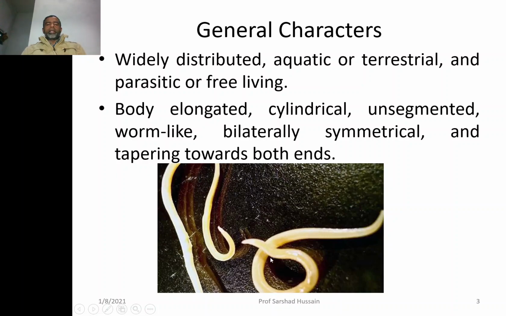It is bilaterally symmetrical. If you cut a plane from the anterior to the posterior end of the body, separating the two lateral parts, it is bilaterally symmetrical. And both the ends of these worms are tapering.